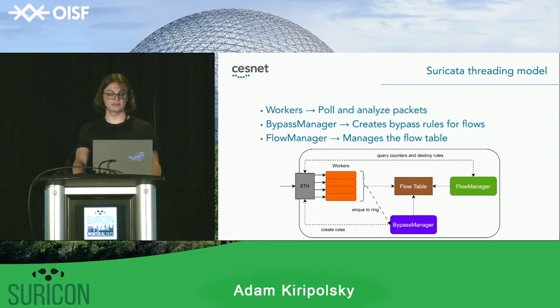We are utilizing this because the RTE flow create that the bypass manager performs, which creates the rules, is not asynchronous, meaning that the thread needs to wait for the API call to return, while the rule is being loaded. As this would slow down the workers, we decided to make this process more asynchronous by sending the necessary information into the bypass manager via the ring, and the memory is pre-allocated.